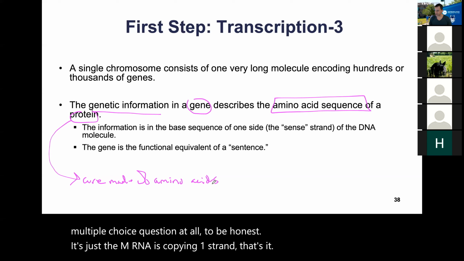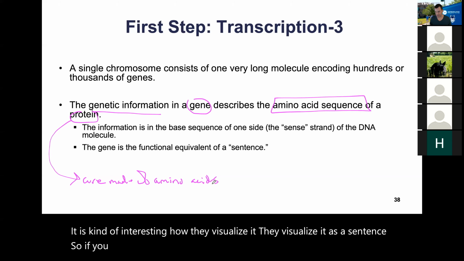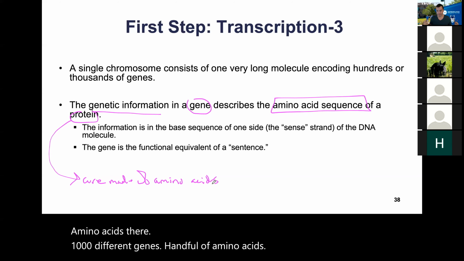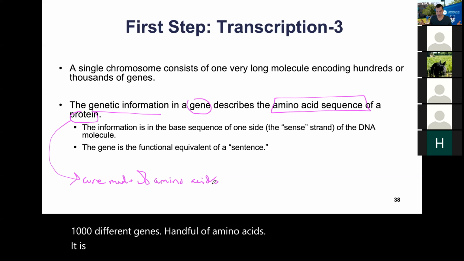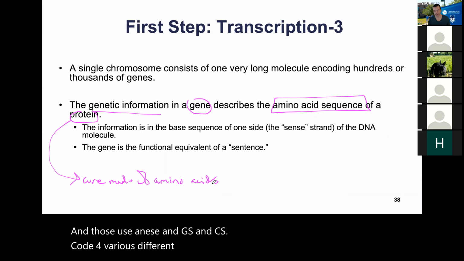It is kind of interesting how they visualize it. They visualize it as a sentence. So if you have, let's say, 1,000 genes, a handful of amino acids, it is a sentence. And those U's and A's and G's and C's code for various different words. And we saw that at the very end of Monday's lecture, right?